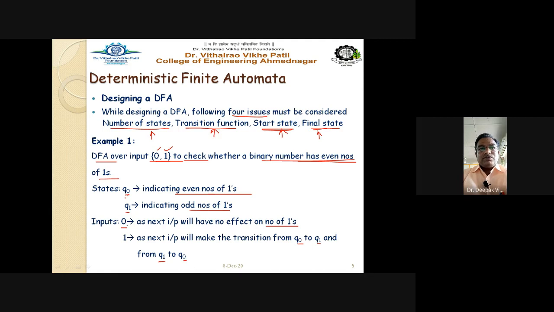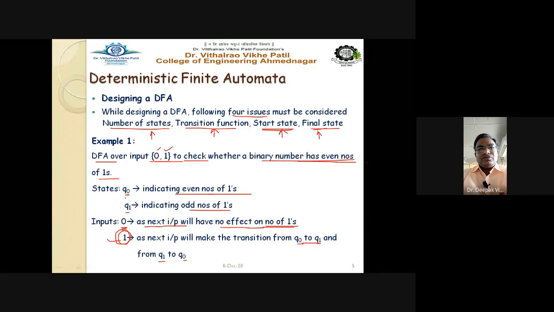If the input is 0, you do not have to change the state, because we only have to find out the even number of ones. So if 0 is there, there is no state change. But if the input is 1, there is a transition from Q0 to Q1.